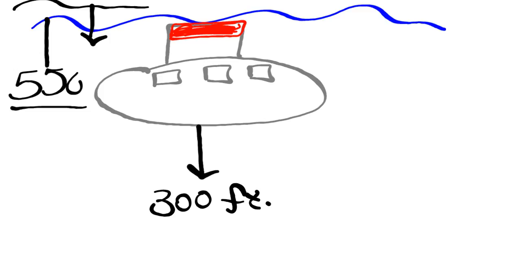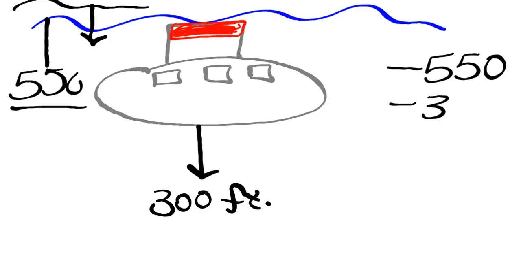When it says below, when you think about below sea level, do you think that is a negative number or a positive number? Negative. So basically, we're already at 550 feet. If I was writing this in terms of positive or negative, and if I went down 300 more feet, is that 300 positive or negative? It's negative.